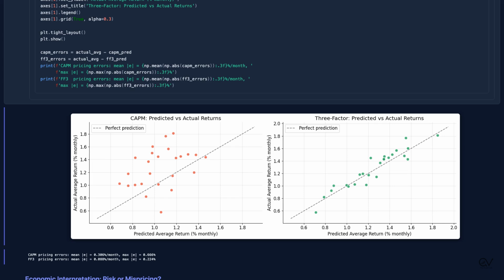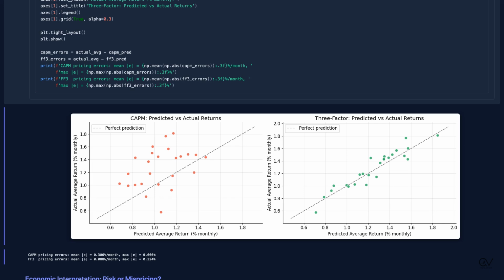The model can't explain the spread of returns because all betas are near 1, so it predicts similar returns for all portfolios. On the right, the three-factor model. The points cluster tightly along the diagonal. Predicted returns closely match actual returns across the full range.